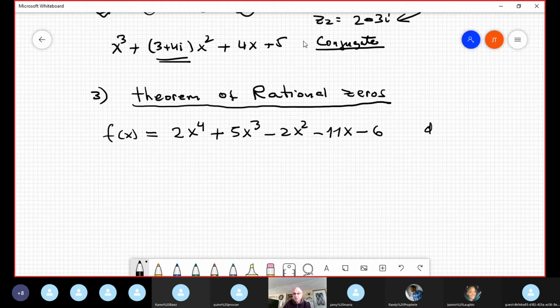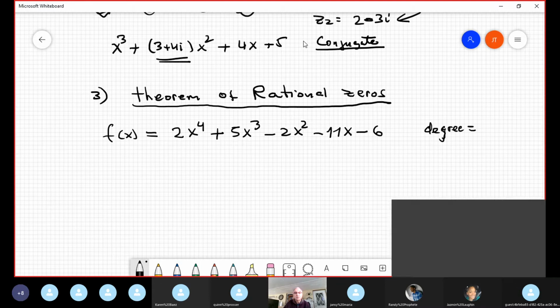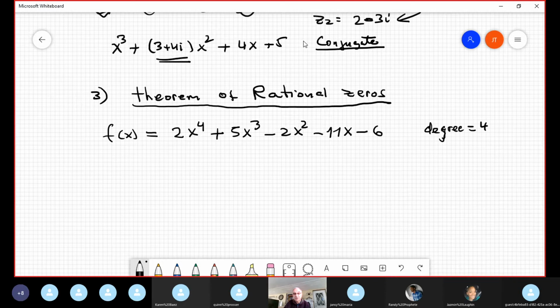By the way, what is the degree of this polynomial? 4 degrees. So, according to the last theorem number 1, when you finish the analysis of the zeros, we can get 4 zeros. Yes or no? I have no idea if they are complex or not.